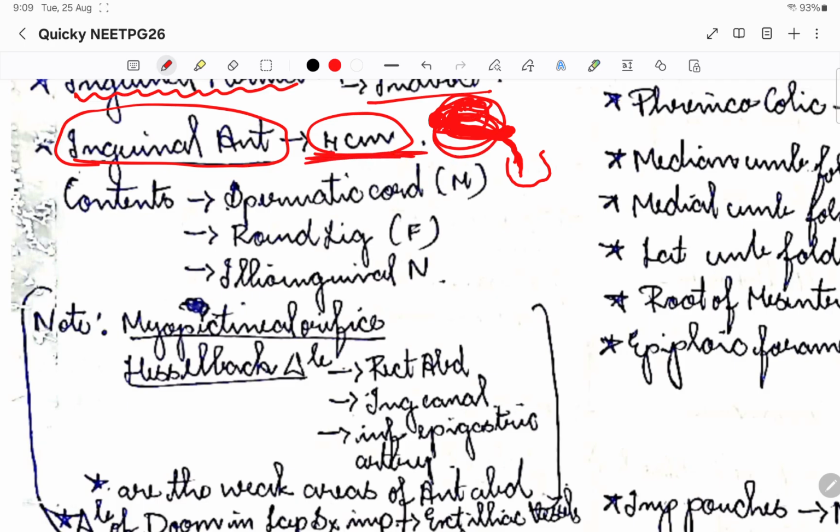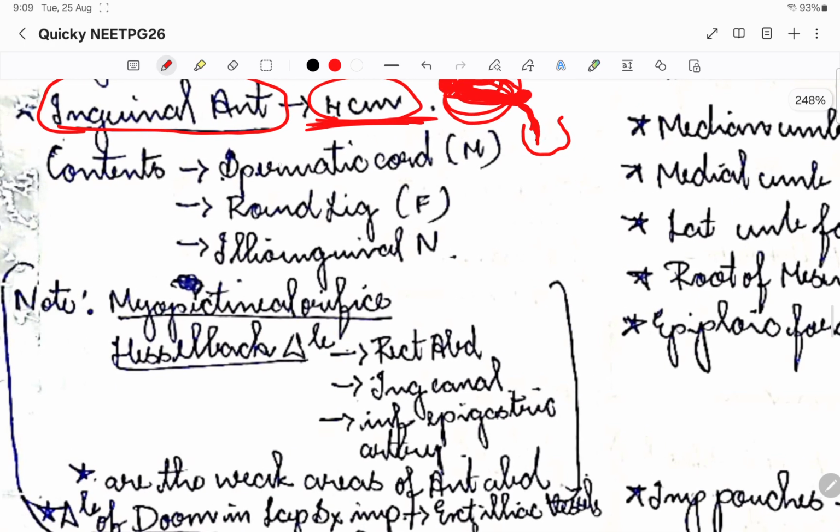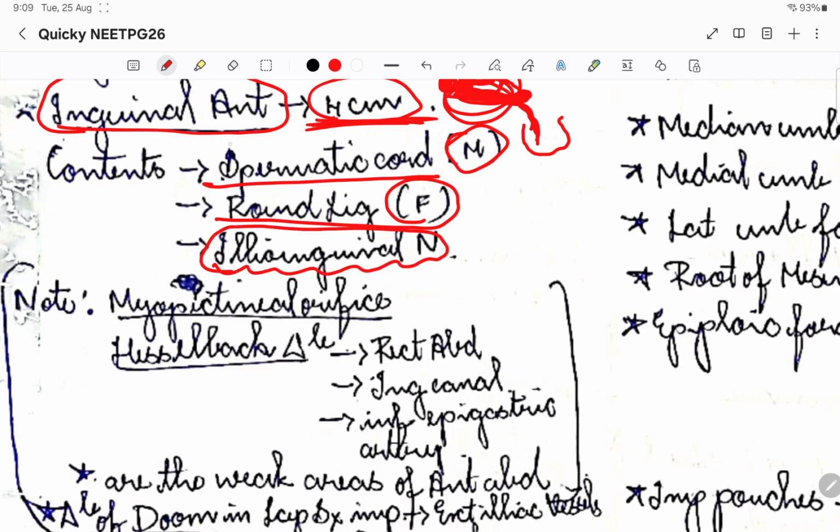The contents of the inguinal canal are the spermatic cord in males, and in females the round ligament. We will see the round ligament in obstetrics. Also the ilio-inguinal nerve. Please remember, the ilio-inguinal nerve is not a content of the spermatic cord.